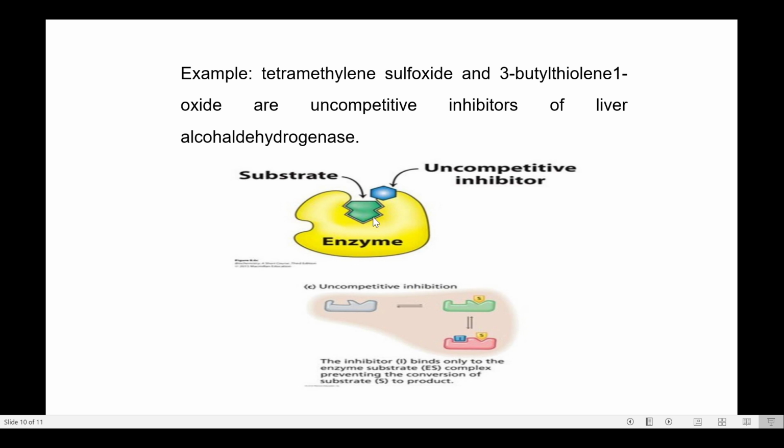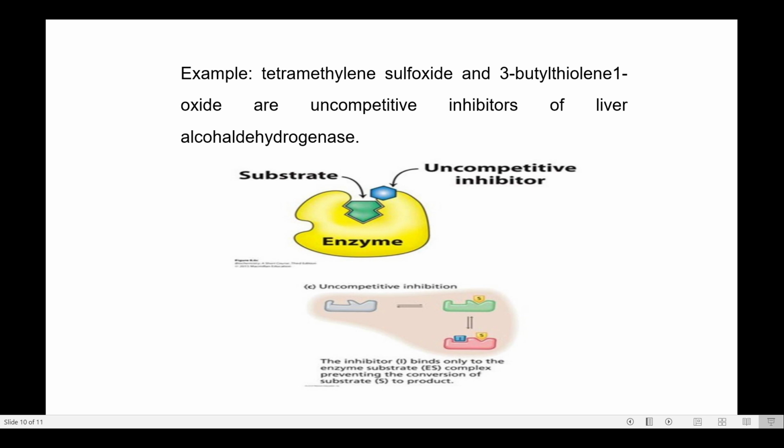Once the enzyme combines with the substrate to form the enzyme substrate complex, an inhibitor attacks the enzyme substrate complex to form an ESI complex. So normal degradation of this ESI complex to normal product will be blocked, and the formation of normal product will not happen. This type of inhibition is termed uncompetitive inhibition.